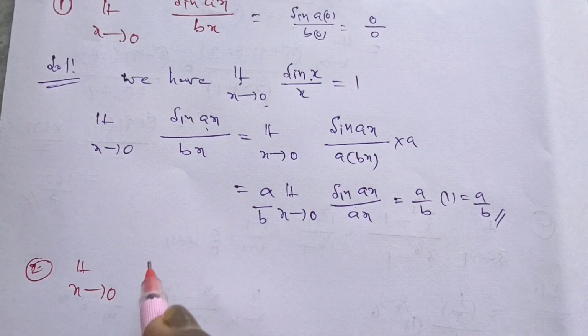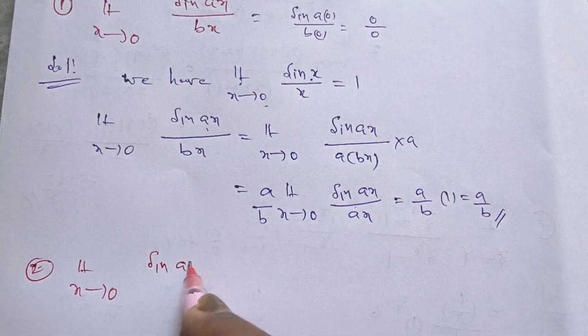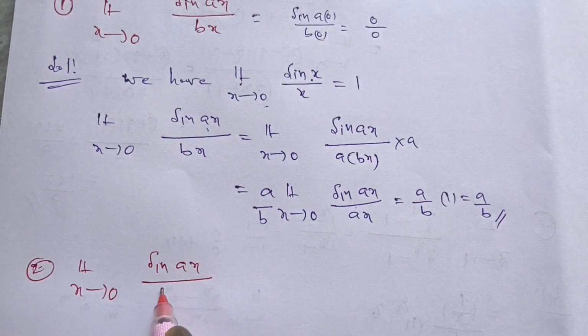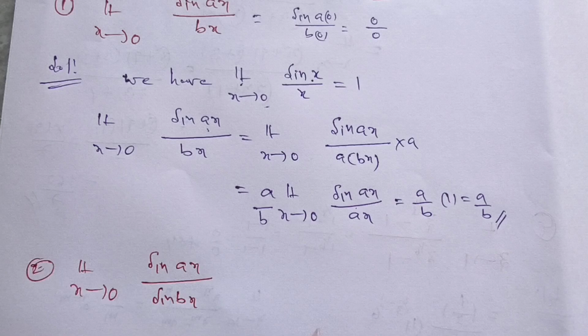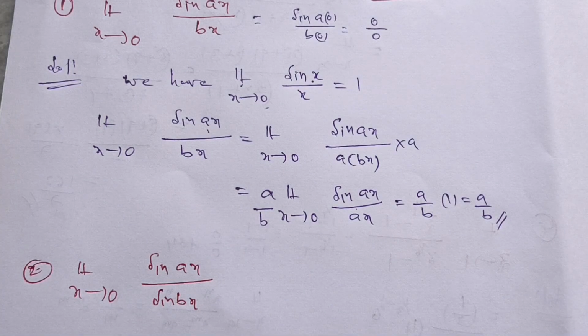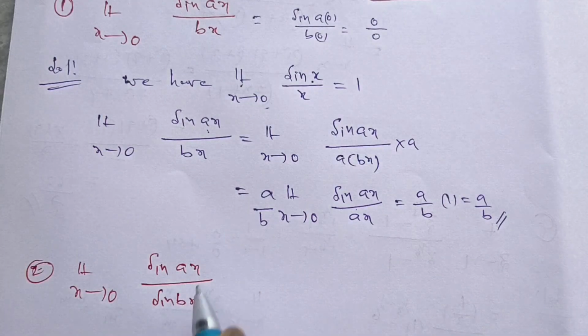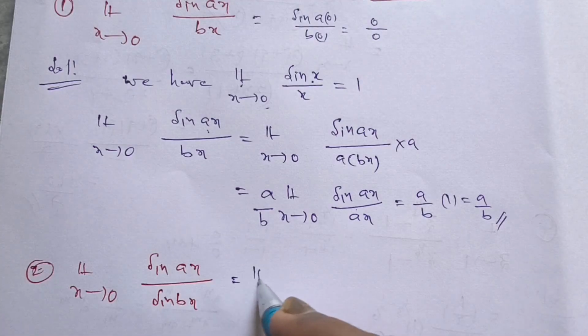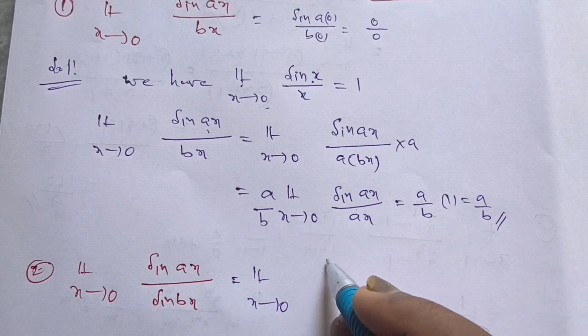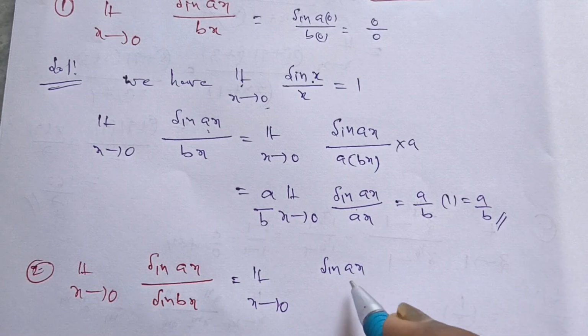Now the second question is: given limit x approaches 0, sin ax by sin bx. To solve this, observe clearly, if we put x equal to 0 in the given problem, sin a into 0 by sin b into 0, that is 0 by 0 form.